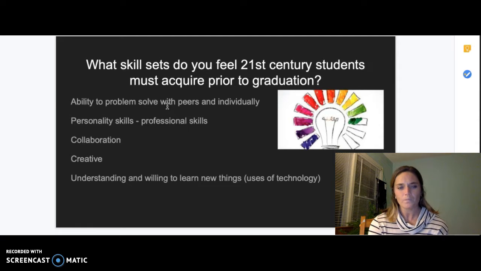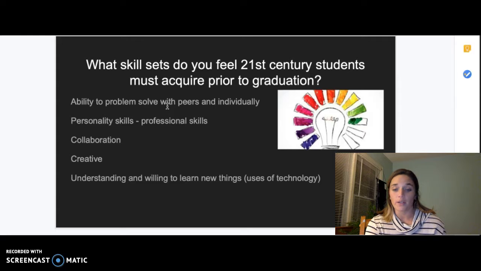So the ability to problem solve is huge. Fortunately, our school has really integrated STEM learning and problem-based learning in their classrooms. Students are being presented with a problem and there's not always an answer for that. So I think being able to problem solve and learning that failure will happen is a huge part of the learning process.